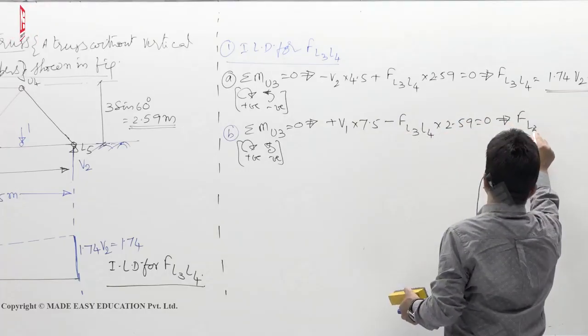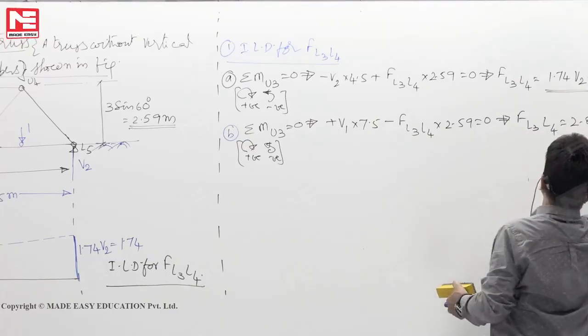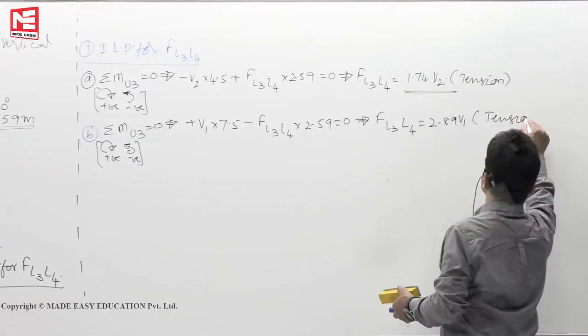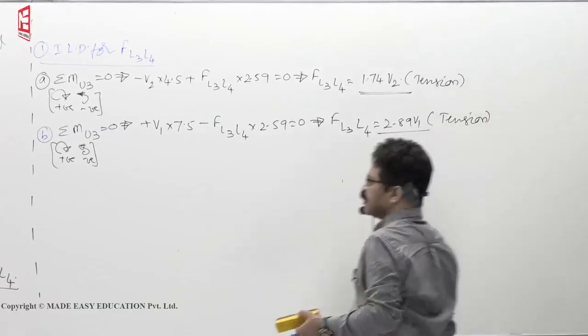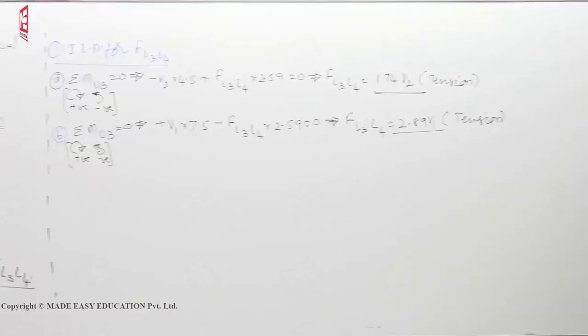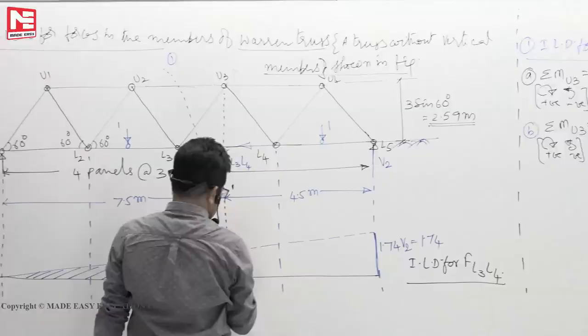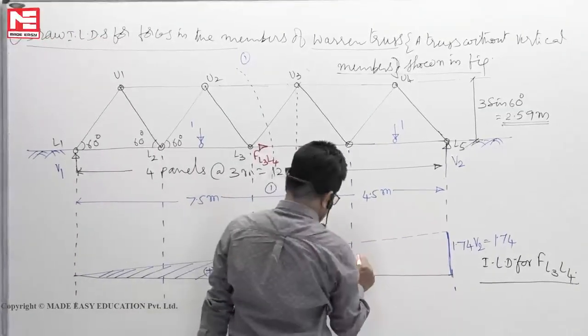So you will get F L3 L4 is equal to 2.89 V1 tension. So draw ILD for 2.89 V1 and consider between L4 and L5 only. Because you have taken moment center about U3, those two lines intersect about this point. So it will go now something like this.